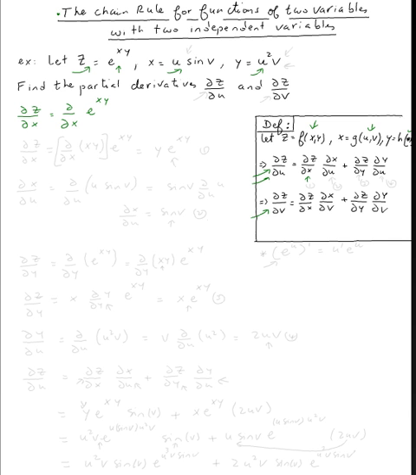Well, let me show you all the formulas. We need to use this formula: the derivative of e to the u is u prime times e to the u. So in this case, u prime means partial with respect to x of xy, times e to the xy.